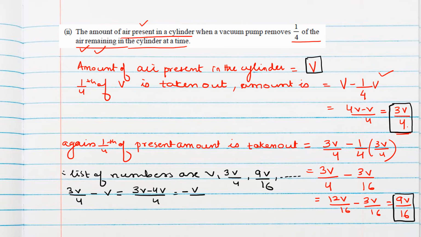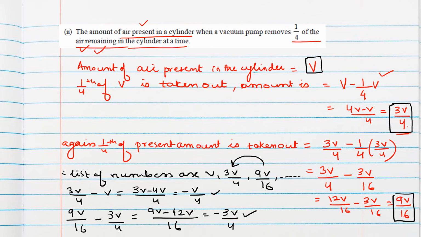Then we will find A3 minus A2, third term minus second term. So 9V minus 12V divided by 16. So minus 3V by 16. See, we are getting two different differences. So the difference is not constant. So we can write, therefore this is not an AP.